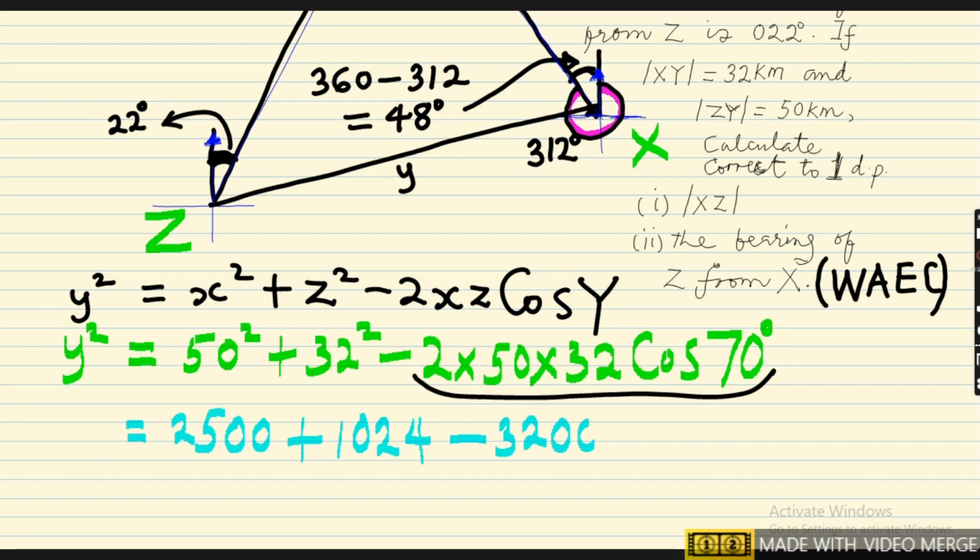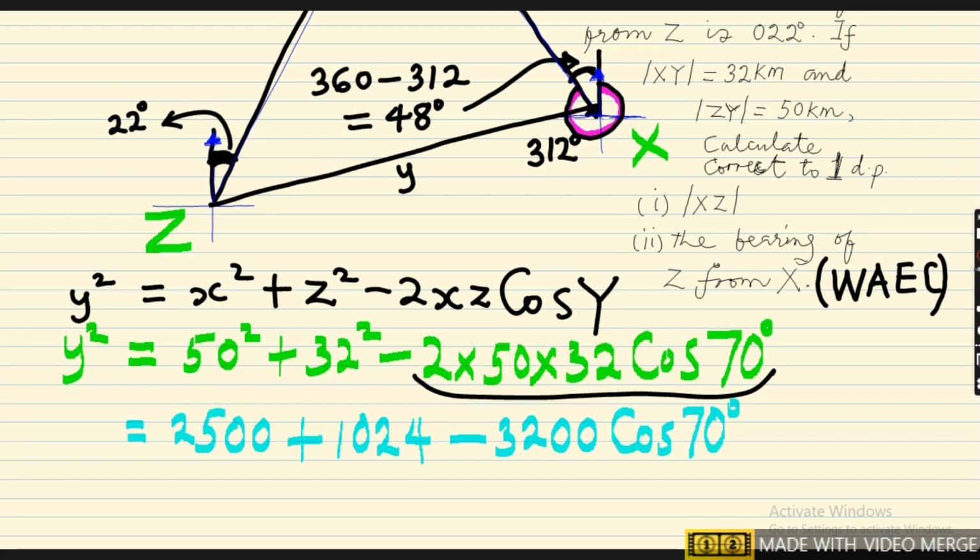Make sure you punch the calculator well, do not make any mistake. Anytime you are pressing an angle in degrees, cos, sine, or tan, any trigonometric ratio, ensure that the calculator is on degrees, not in radian. Ensure the D is on, the calculator is on degrees.